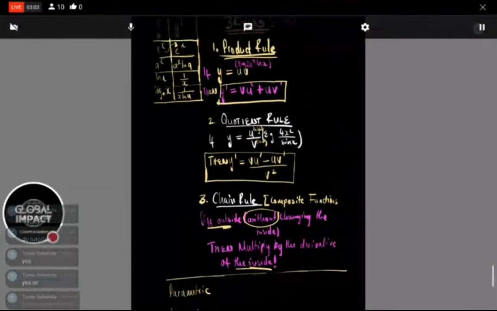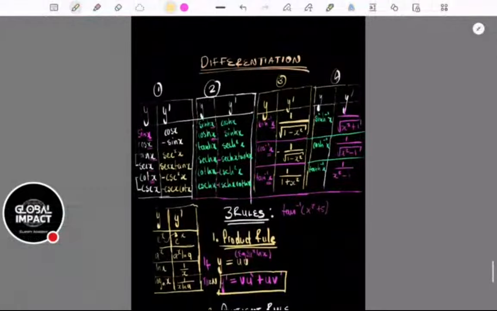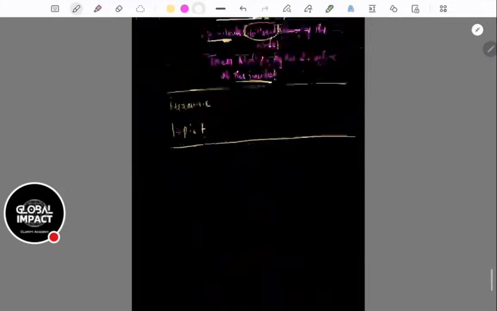Prove to me that there is anything in differentiation which is not on this list. If you can prove to me, come get your debonaise. Of course, I would never challenge you to that because I don't want to buy debonaise. I know you will never have anything else. This is differentiation. This and implicit and parametric.